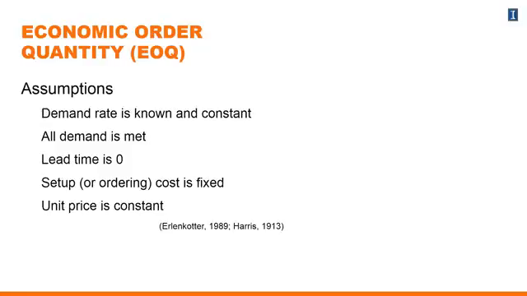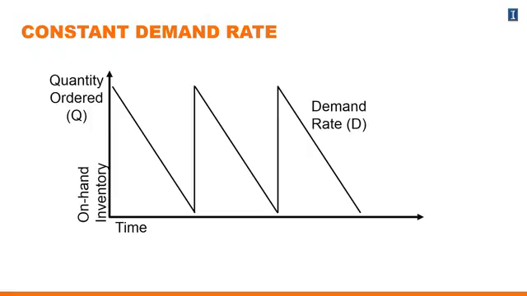The unit price is constant over the year, so over the period that you're calculating the economic order quantity, the unit price remains constant, and we're starting off with a model that does not involve discounts of any sort. So let's work towards coming up with the economic order quantity here. So we said it's a constant demand rate.